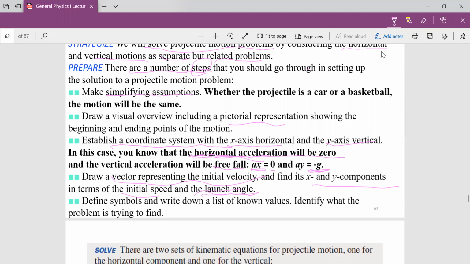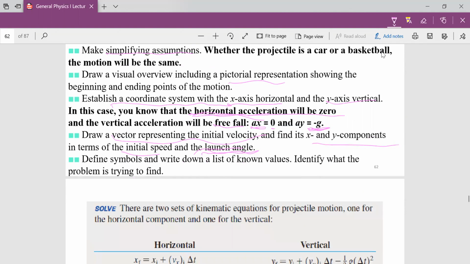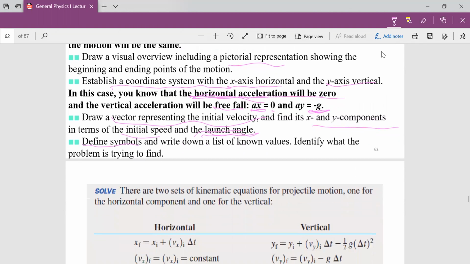Okay, we also have to define our symbols and write them down clearly, because sometimes when we use D with an arrow and we use S to represent displacement, they don't mean the same thing. One is describing specifically a vector motion and one is describing change in speed. All right, so that is why it's important to define our symbols.